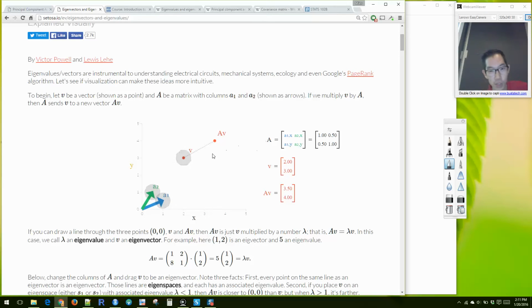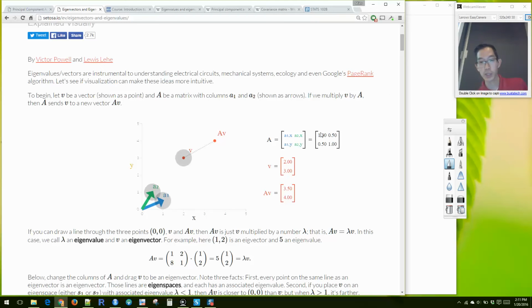So basically, our A here: A1 is going to be 1 in the x direction and 0.5 in the y direction. And over here, A2 is 0.5 in the x direction and 1 in the y direction.